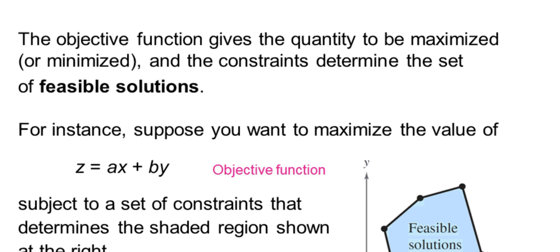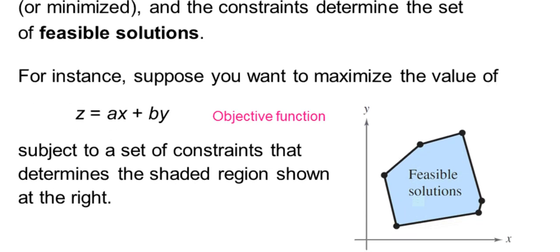So the objective function gives us something that either needs to be maximized or minimized. We might want to maximize our profits. We might want to minimize the weight of something if it's important not to use a lot of weight as we go through. We might want to look at maximizing and minimizing various things.